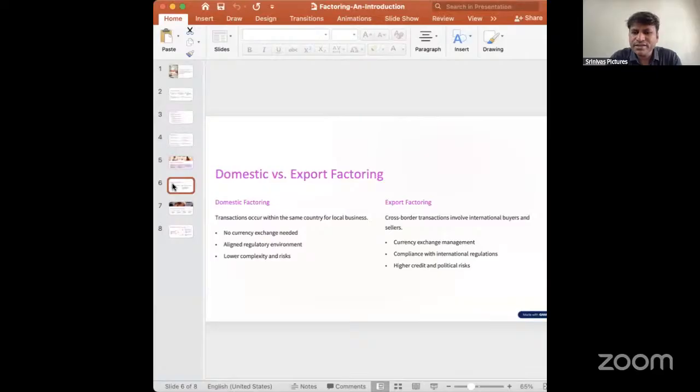Domestic and export factoring. Domestic factoring means no currency exchange is needed, it is aligned with the regulatory environment, and has lower complexity and risks. Export factoring means cross-border transactions, generally involving international parties and currency exchange management, and compliance with international regulations, higher credit risk and political risk also.